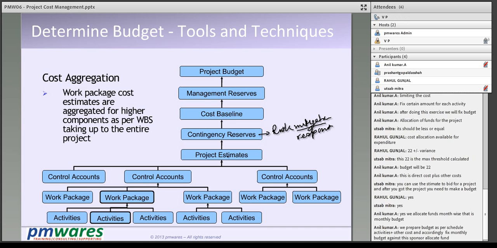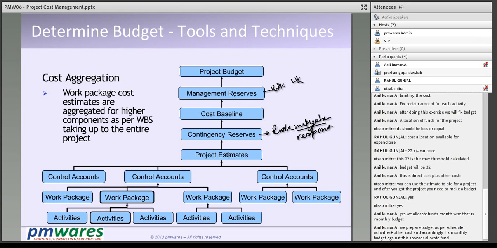Okay, then we create a cost baseline. Cost baseline contains the project estimates plus the contingency buffer. Then the management reserve. Management reserve is for the unknown risk, means the risk which we fail to identify, or risks larger than the project can consider.